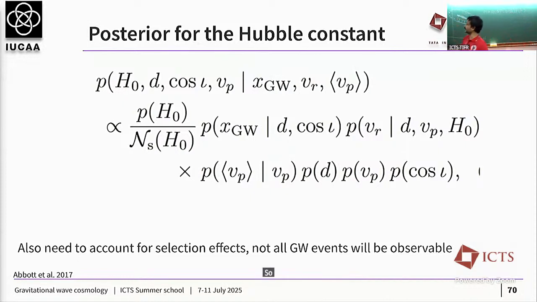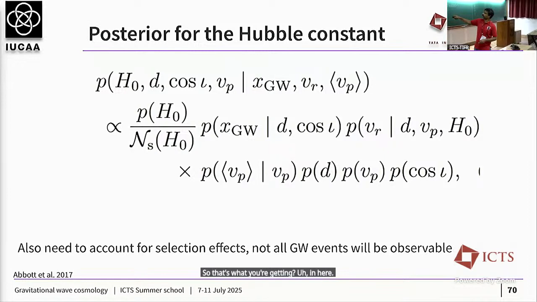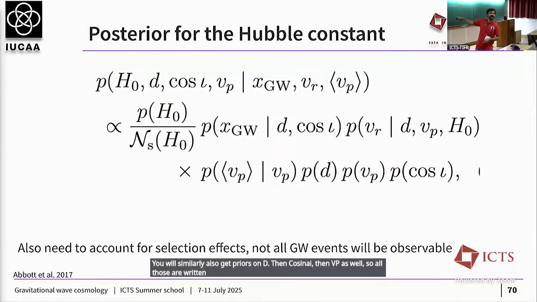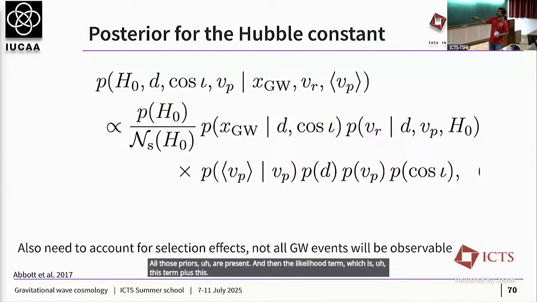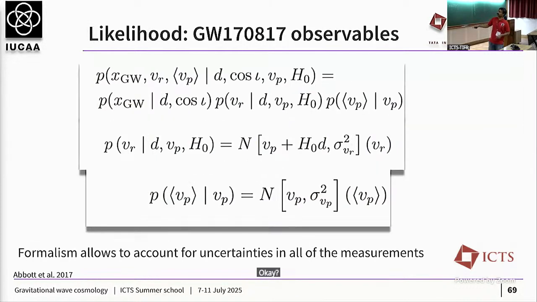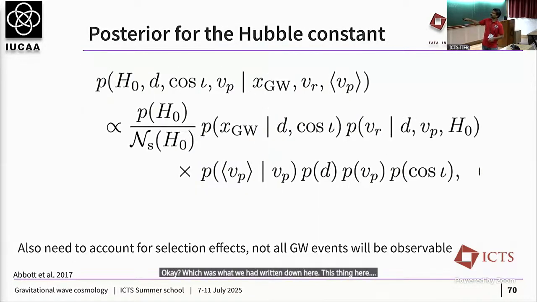That's what you are getting in here. You will similarly also get priors on D, then cos i, then V_P as well. All those priors are present. And then the likelihood term, which is this term plus this, which was what we had written down here. This is just one term, second term, and third term.